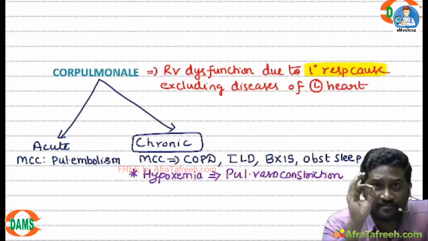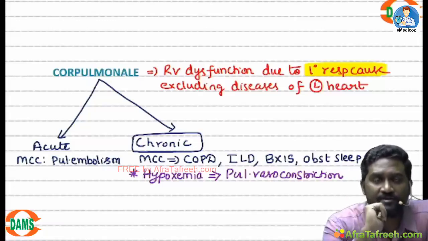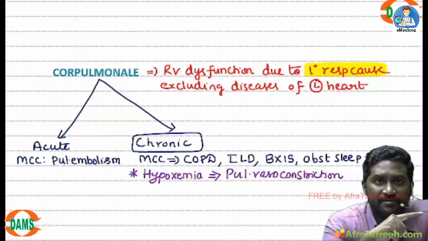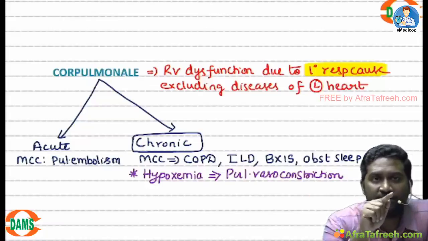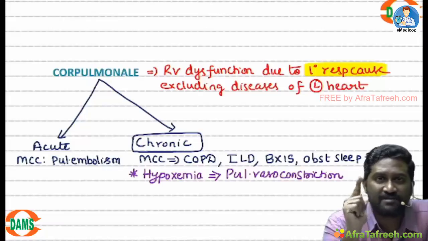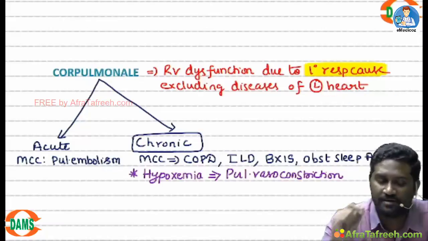This is a special feature of your pulmonary circulation. Whenever there is hypoxia, the hypoxia sensitive potassium channels will react, resulting in pulmonary vasoconstriction.